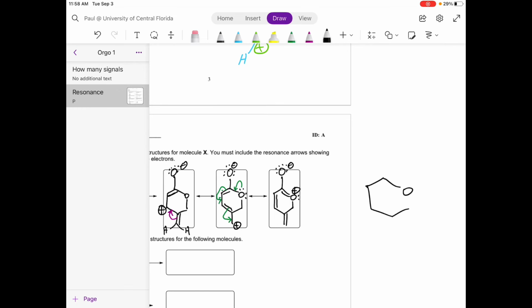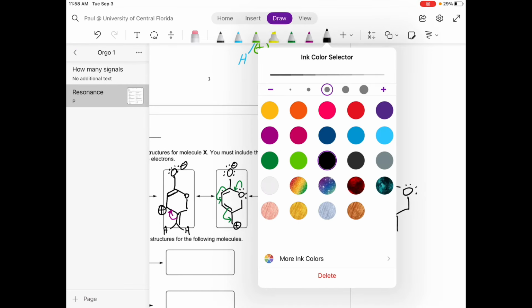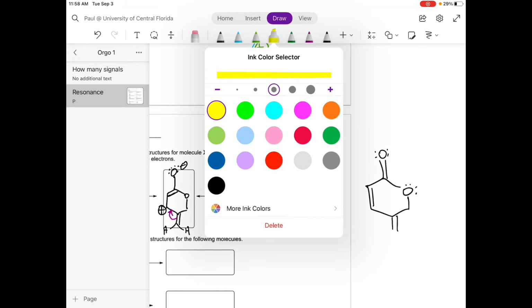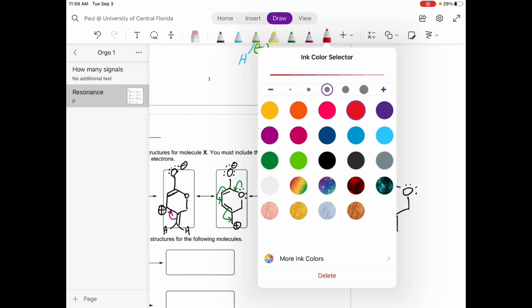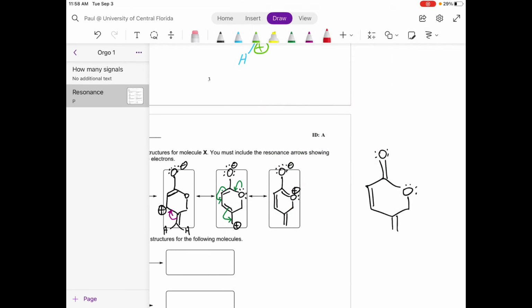Another one that you could have drawn. Another good one would be, I could have taken that lone pair there, brought it down, brought it like that.